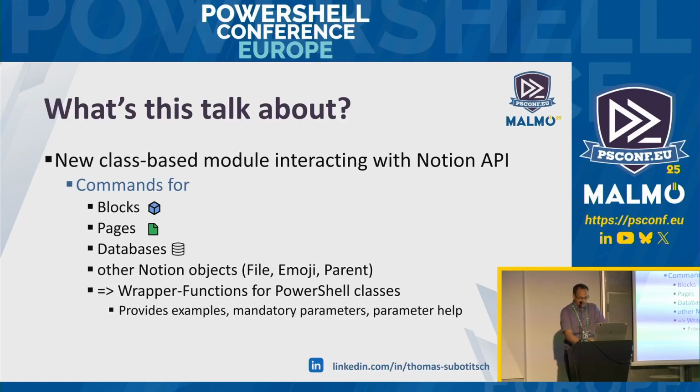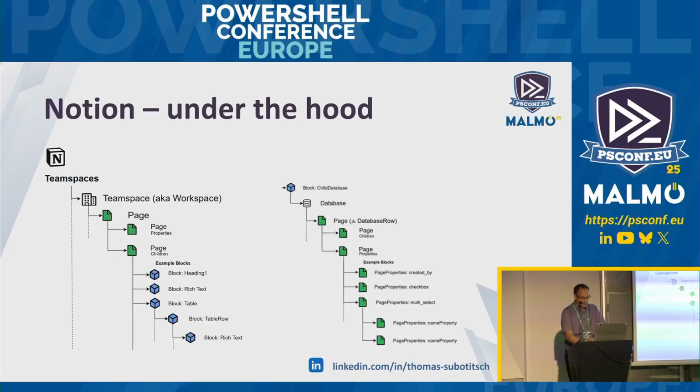To have a look inside the structure of some Notion pages, I've brought a little graphic where you can see that it's all block-based. We have a root structure which is called team space or workspace, and below this structure you can create pages.